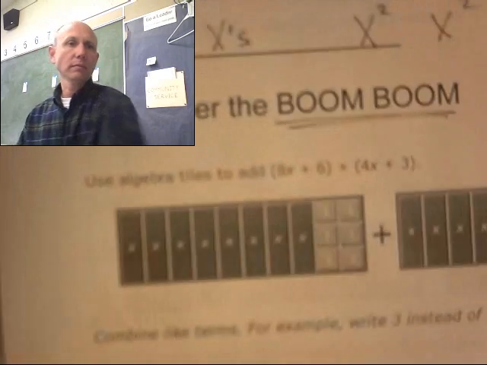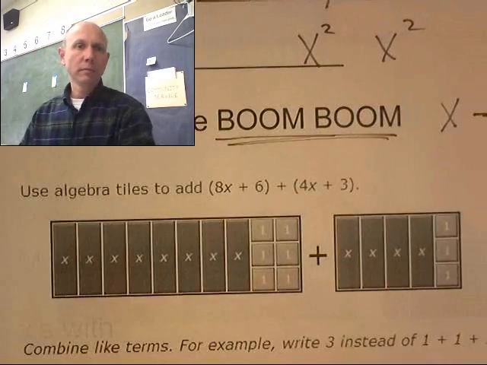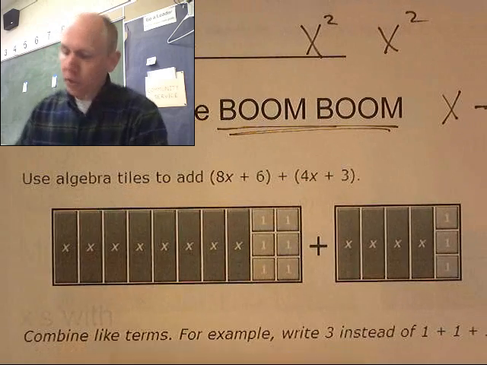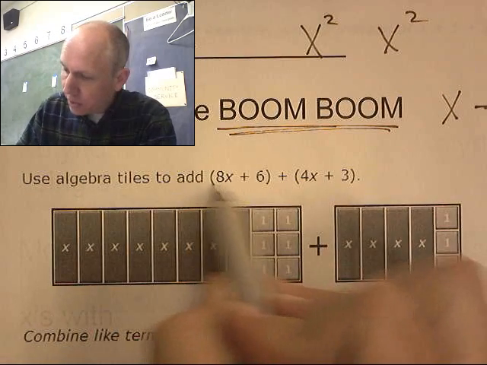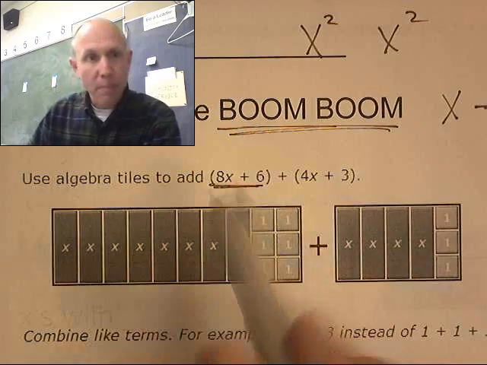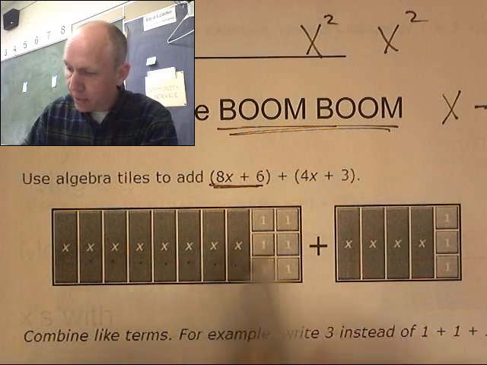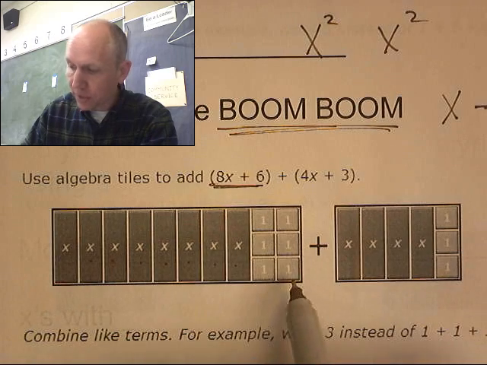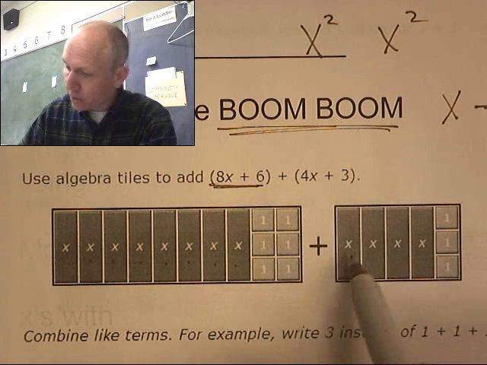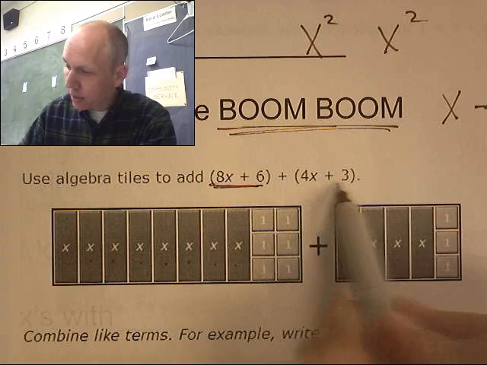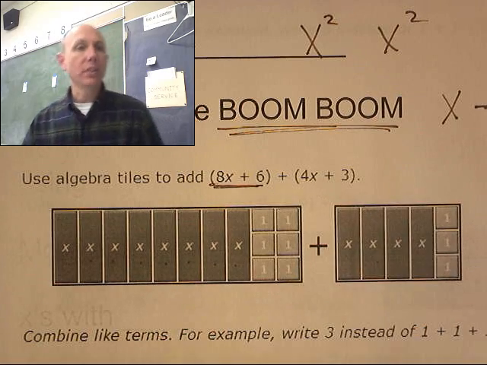So let's do a problem with this. Now, first off, I want you to notice that here's the actual expression up here, and it's been modeled. So I have 8 x's, 1, 2, 3, 4, 5, 6, 7, 8 x's plus 6, and plus 4 x's and 3. So let's combine it.